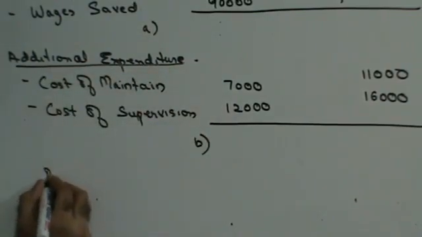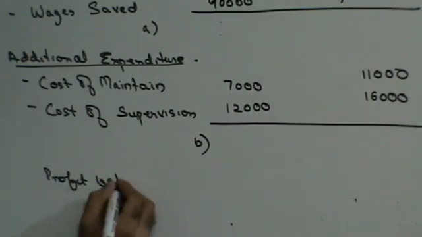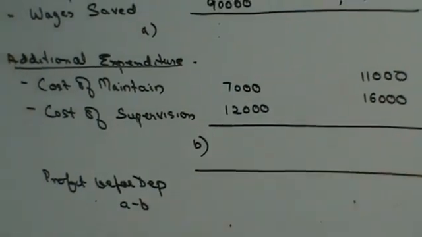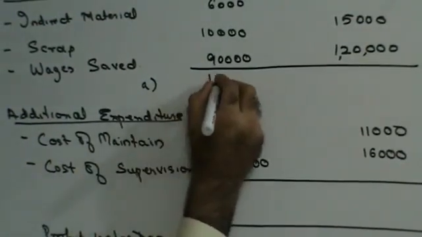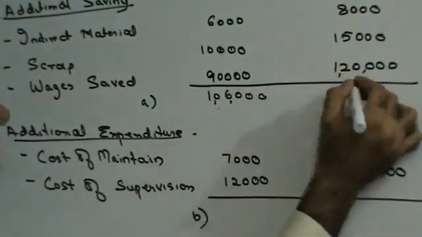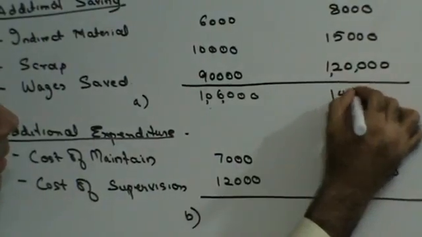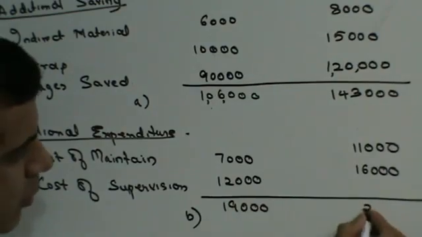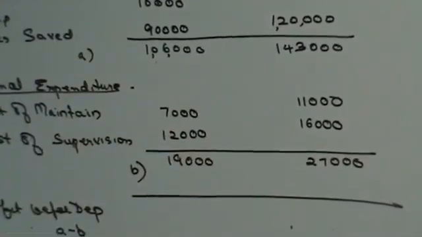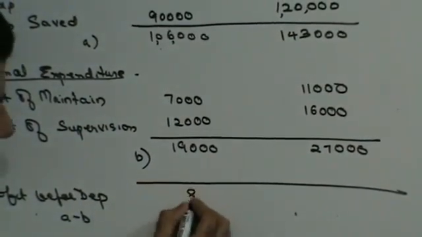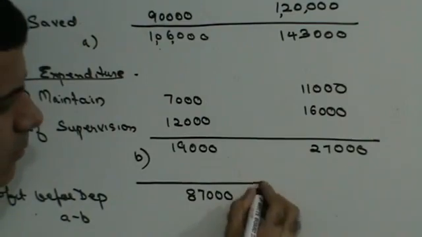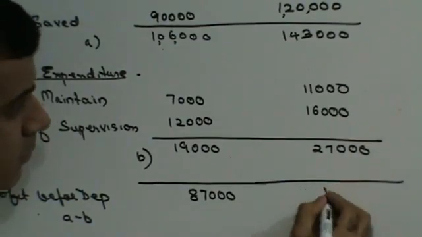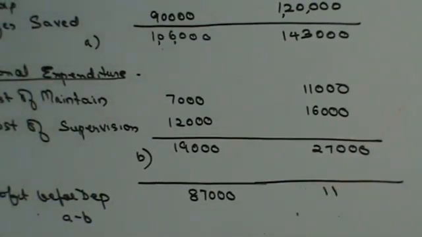You will get profit before depreciation, which is A minus B. The totals are 1,06,000, 1,43,000, then 19,000 and 27,000. Now subtract and get the answer.